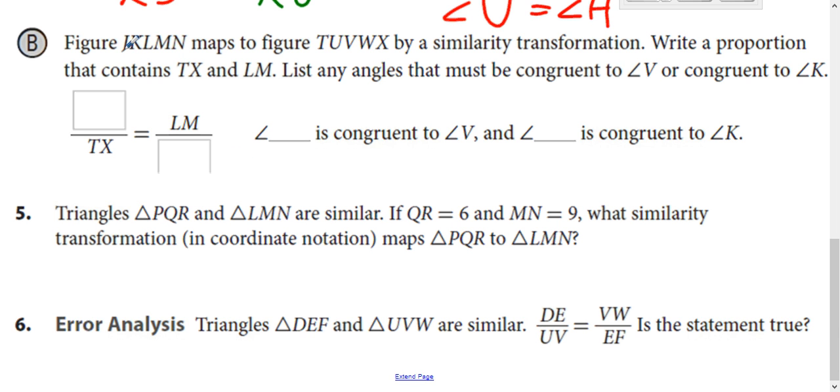That will go with JN up top, first and last letter. Then we have LM, which is the third and fourth letters. I take that with VW, the third and fourth letters. Angle V, that's the third letter, so that'll be congruent to angle L, which is also the third letter. And then angle K, which is the second letter, will be congruent to angle U, which is also the second letter.